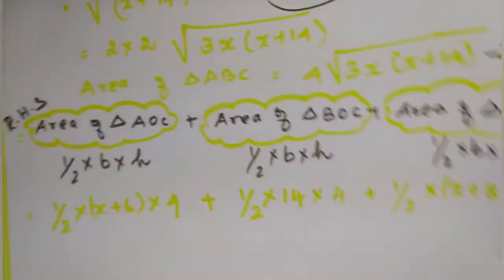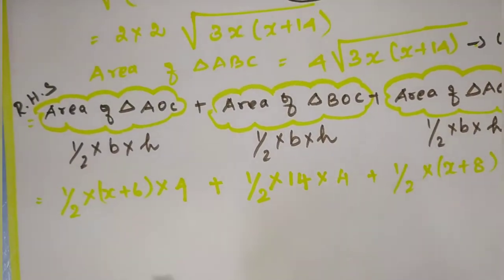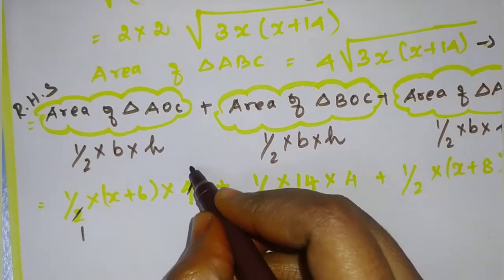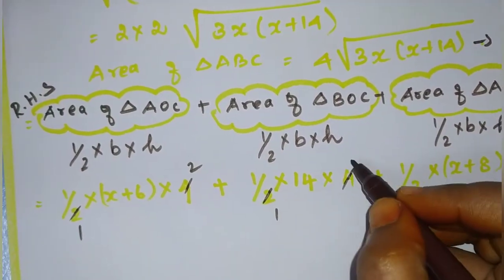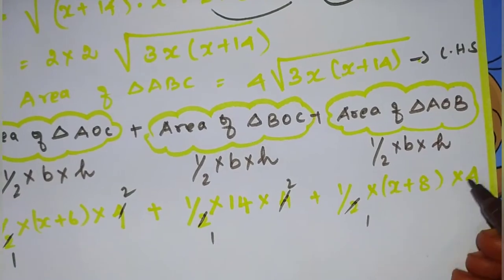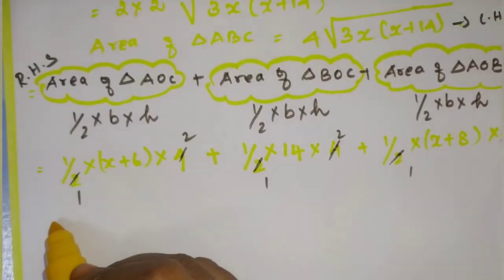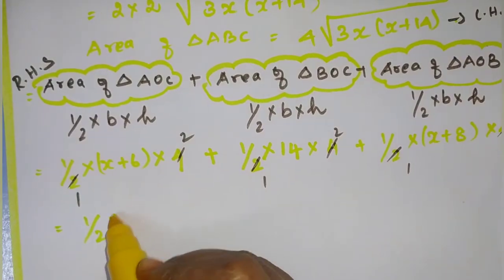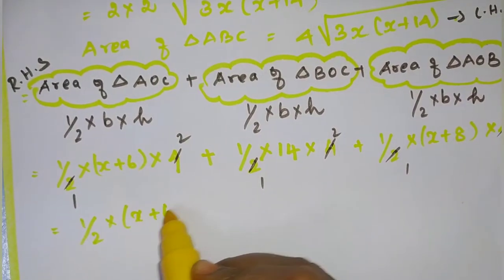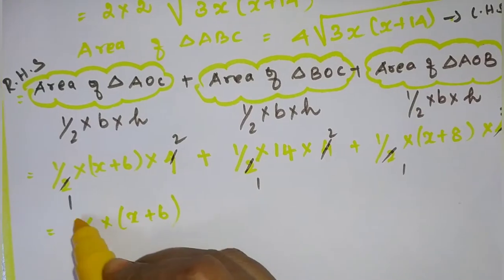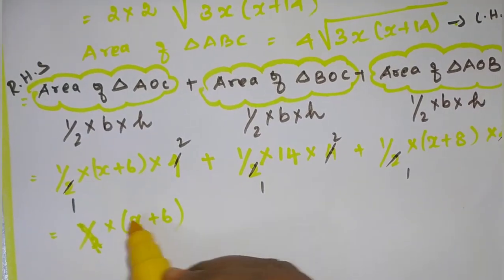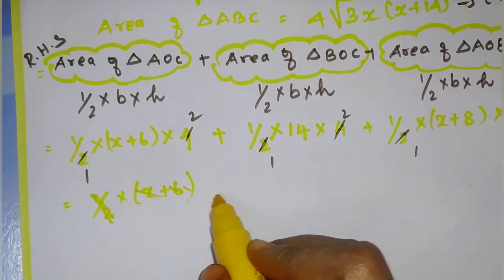Clear? So what we can cancel here? 2 ones are 2, 2 twos are 4. Remaining will be half into x plus 6. Sorry, 1 by 2, we cancelled. Don't write that one. See here.